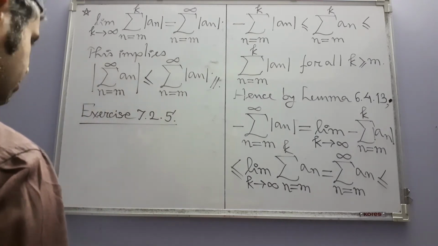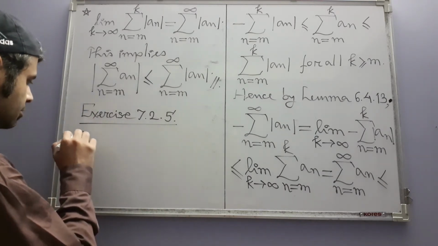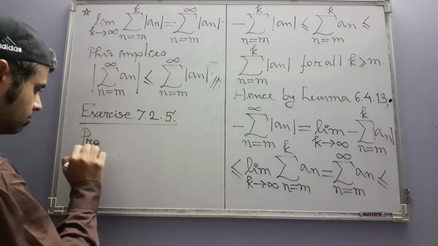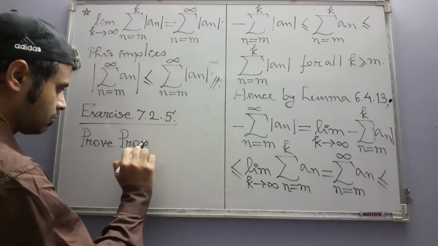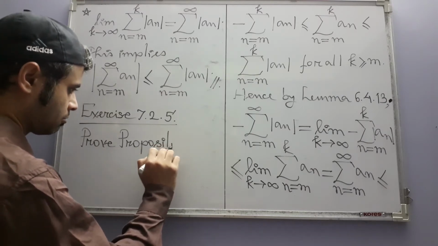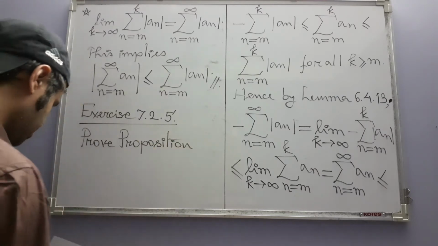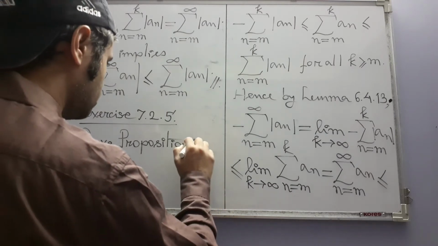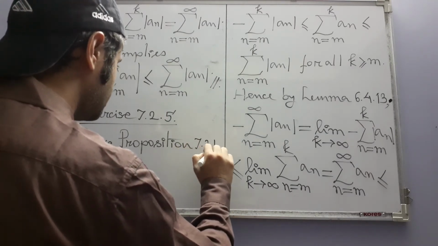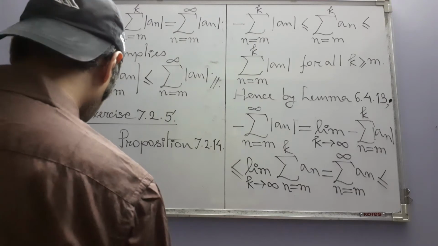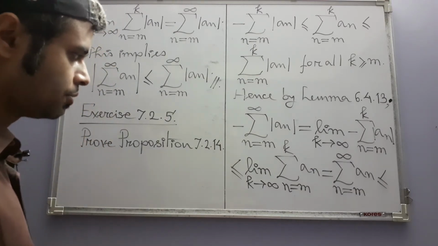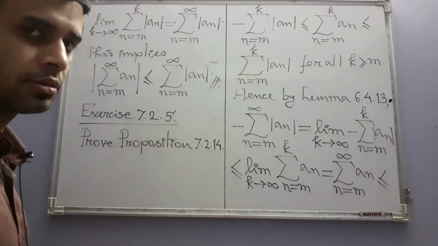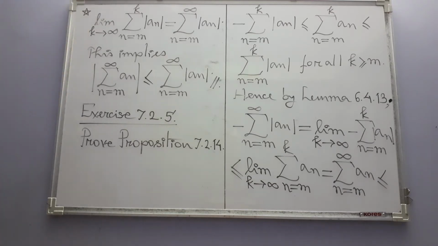This one is also proving one such proposition. Prove proposition 7.14, and it is that series laws. This one is very easy because the hard work has already been done when we proved sequence laws, that is limit laws for sequences.